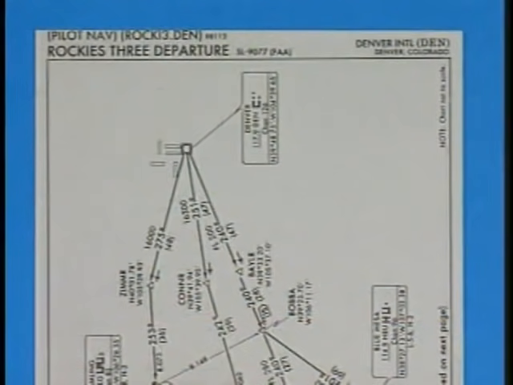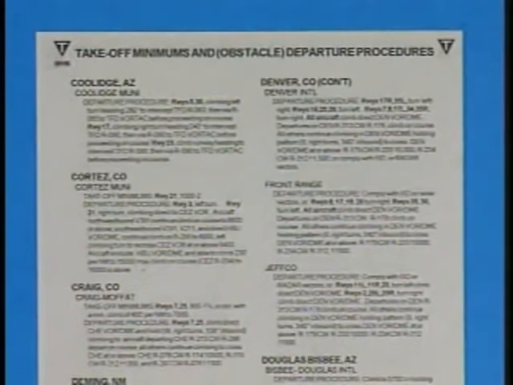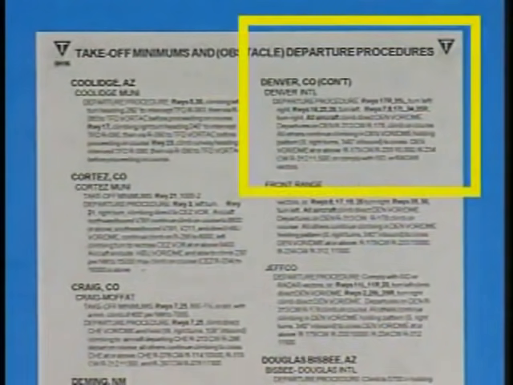Let's take a brief look at the relationship between a graphic DP and a textual DP. Notice the high initial minimum en route altitudes and flight level in this graphic departure procedure. Now let's look at the associated textual departure procedure.